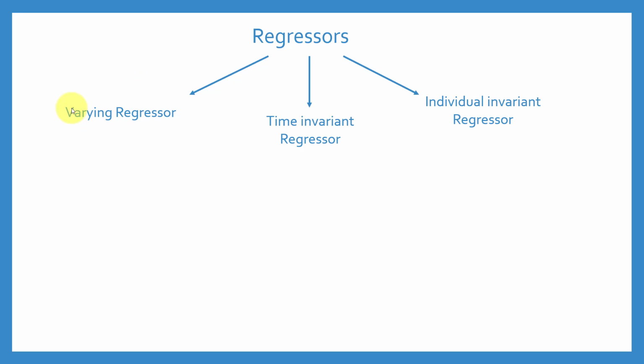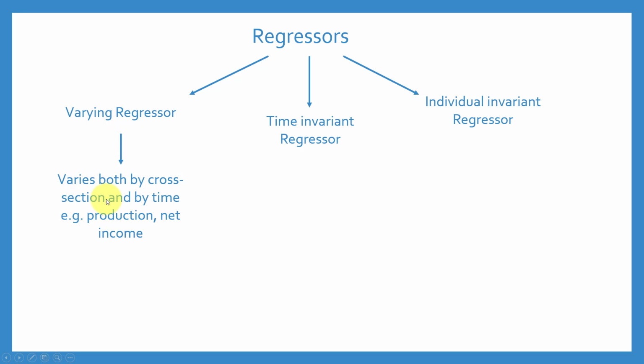There are variables that vary over time and cross section, for example, production or net income. So this would vary over time as well as over different firms. Net income would be different for different firms, as well as different for the different years of the same firm. So we call it a varying variable or varying regressor.